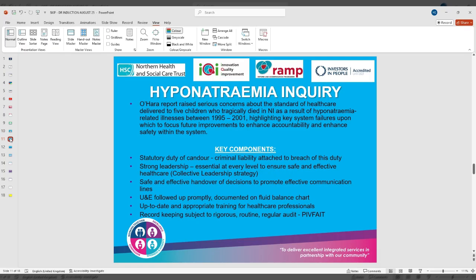Following on from the hyponatremia inquiry with regards to IV fluid management, there was an emphasis on safe and effective handover practices, diligence in U&E monitoring and review, and ongoing decision-making regarding fluid choice, and ensuring that competencies are maintained through up-to-date and appropriate training.